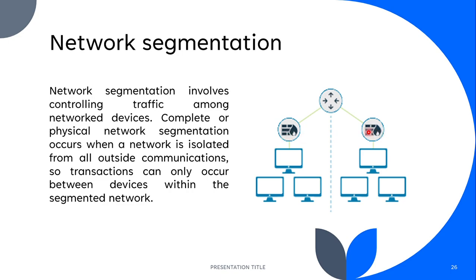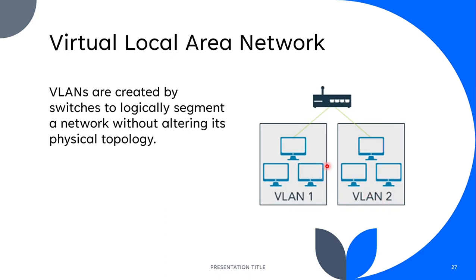If the rule for communication is allowed in this firewall and blocked on this firewall, the communication will not flow. So that is the essence of segmentation. The networks are isolated from each other, and if this part is being attacked, the attack will not be able to move to this particular side. That is how network segmentation works.